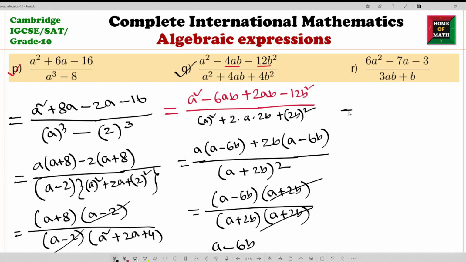Number R, 6a square minus 7a minus 3. So here is 6 and 3 constant, we can multiply so it will become 18, right? Now this 18 we have to make minus 7.